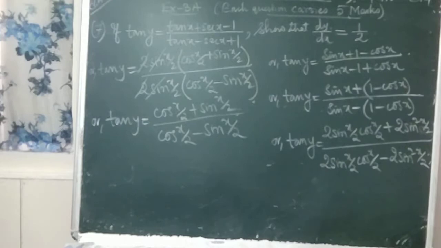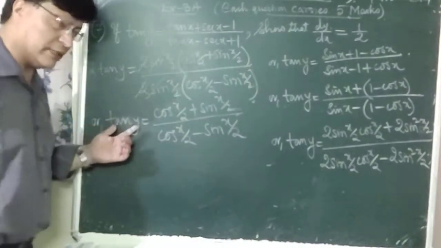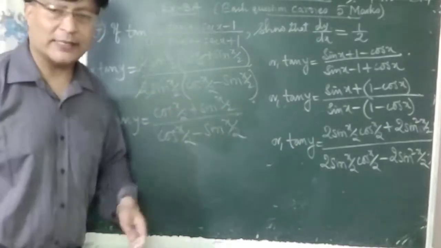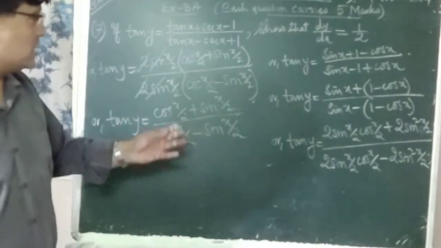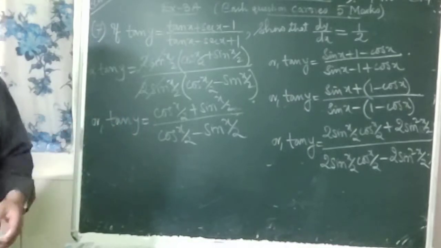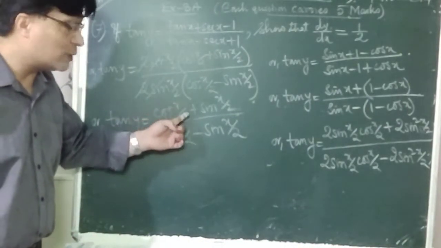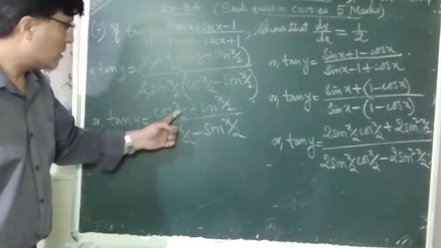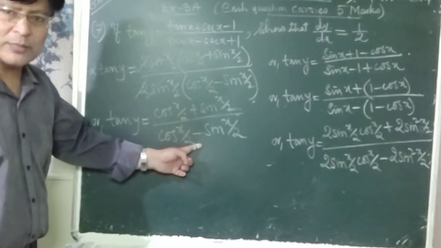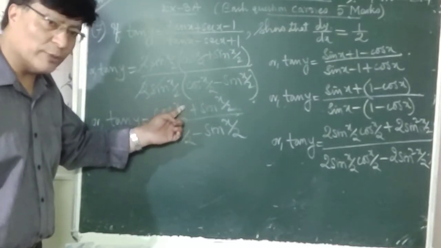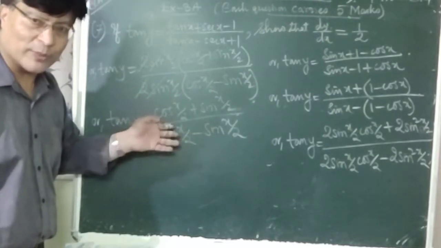What's the next? Since this left hand side is in terms of tan y, you have to convert this right hand side in terms of tan again. But these are in terms of cos x by 2 and sin x by 2. So how can you convert it to tan? You have to divide both numerator and the denominator by cos x by 2. So what do we get?